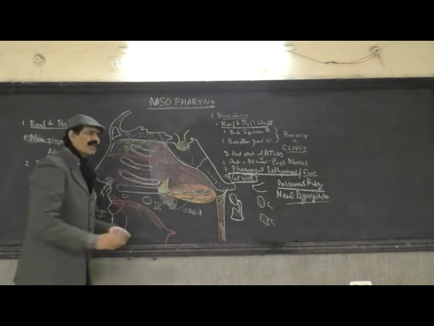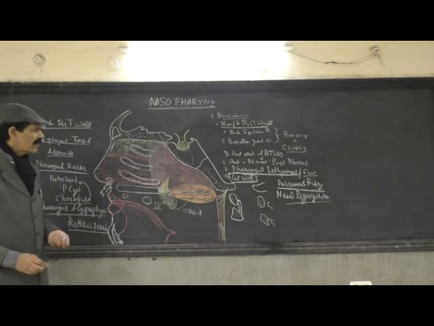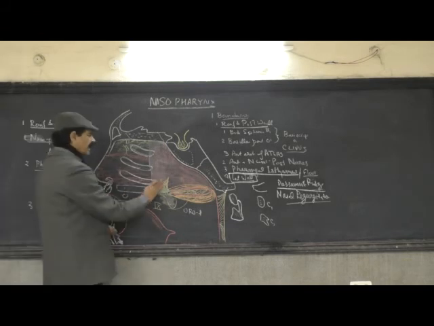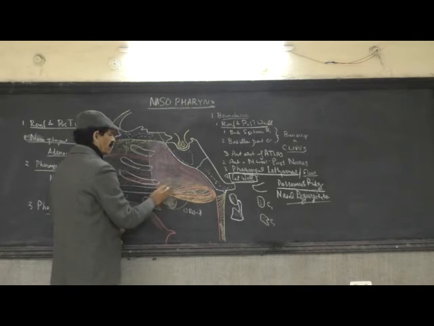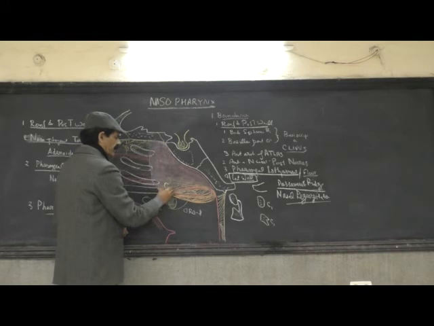What we see in the lateral wall, a very important structure, is the opening of the eustachian tube.